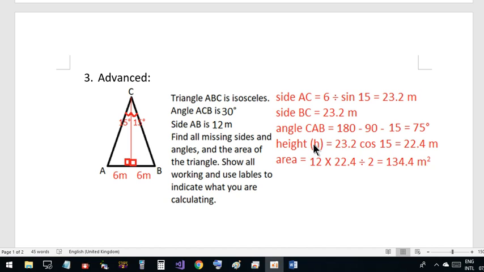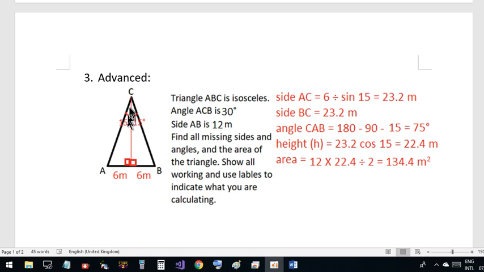Now the height, we need to work out the height in this case here. You do need to work out the height in order to work out the area of this larger triangle. We're going to work it out by going base times height of this larger triangle, the bigger isosceles triangle on the outside. If we can work out the height, and we know the base is 12 all the way across for the larger triangle, we can work out the area of the larger triangle.